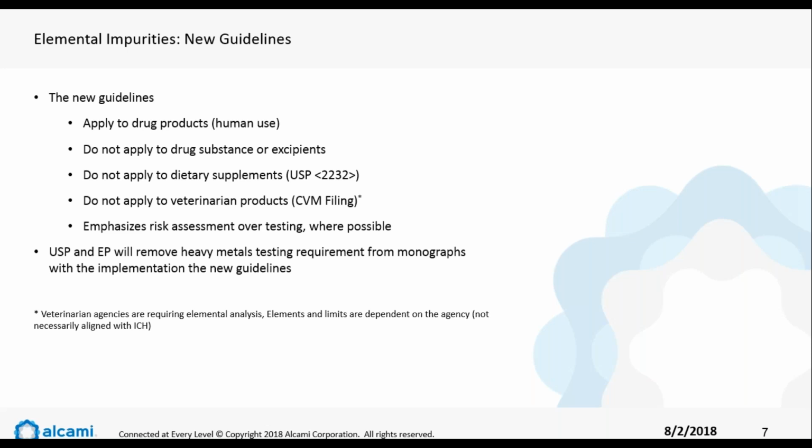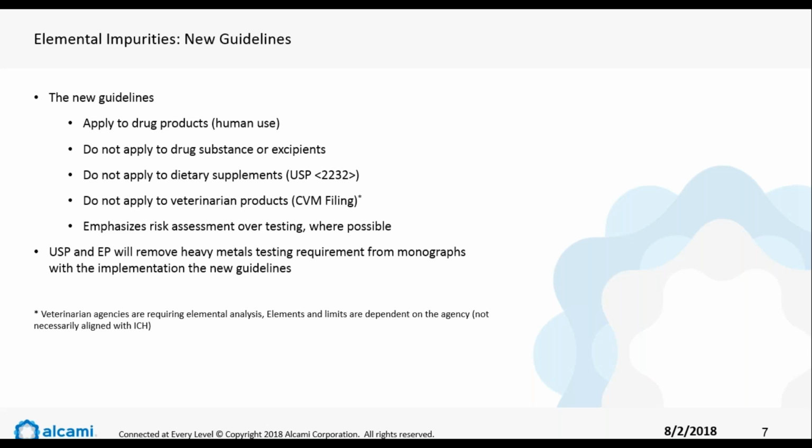We've seen some cases where I believe it's even a little more stringent than the USP, but we've also seen it where it's a little looser, where if you'd followed the human use regulations, you would have been compliant with that veterinary body.